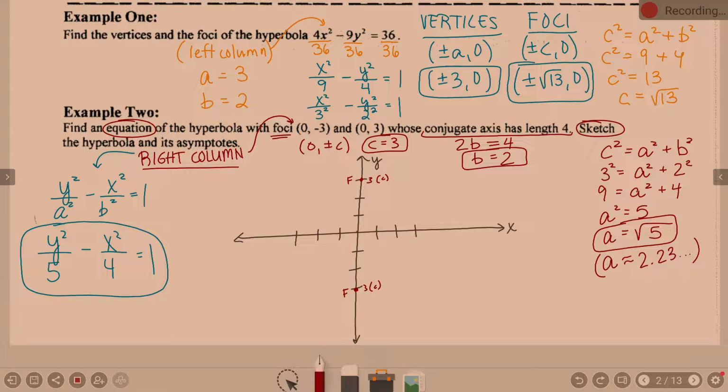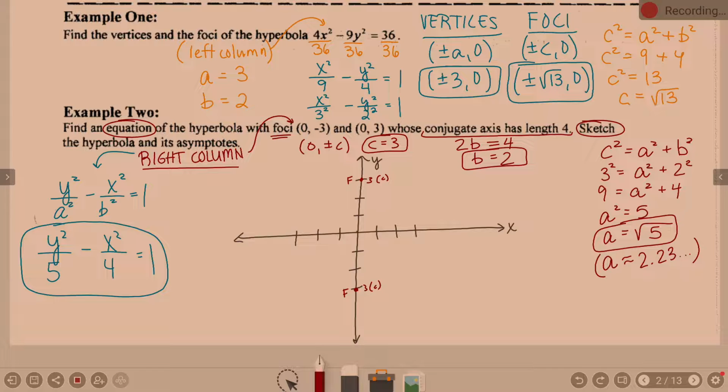My A and B values are what are going to help us. I'm going to use my A and B values to draw a box or a rectangle, and we're going to use that rectangle to draw our asymptotes. Also keep in mind your A value is going to be your vertices. Just like your foci are C from the middle, your vertices are A from the middle.